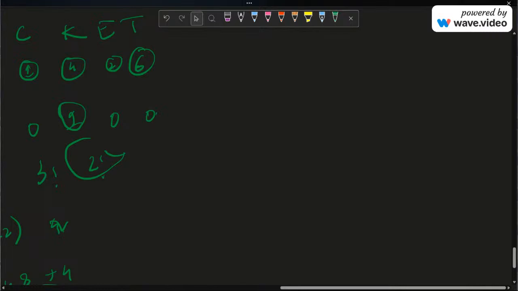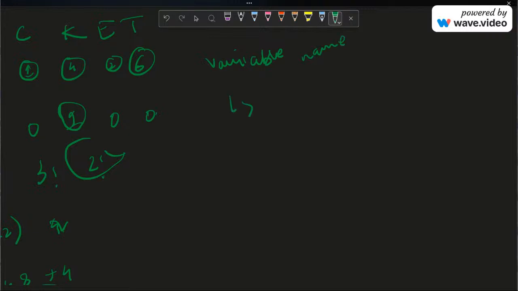So let's go. Next question is, I solved this one. Next question is, in a particular programming language, a valid variable name can consist of a sequence of 1 to 6 alphanumeric characters, beginning with a letter.